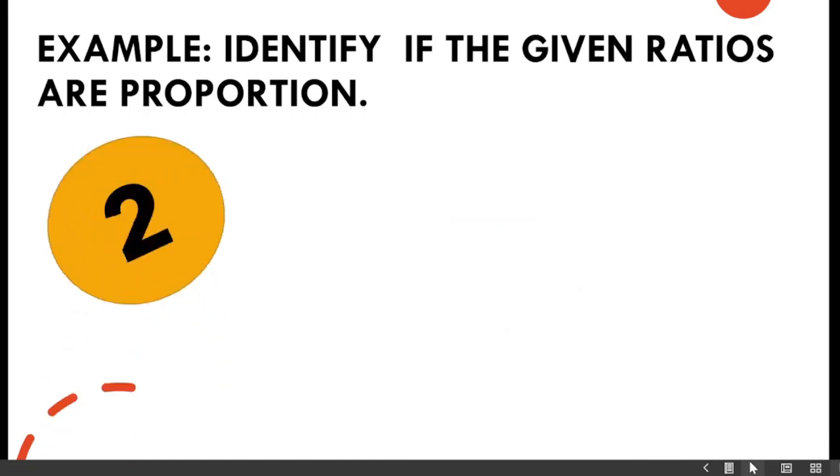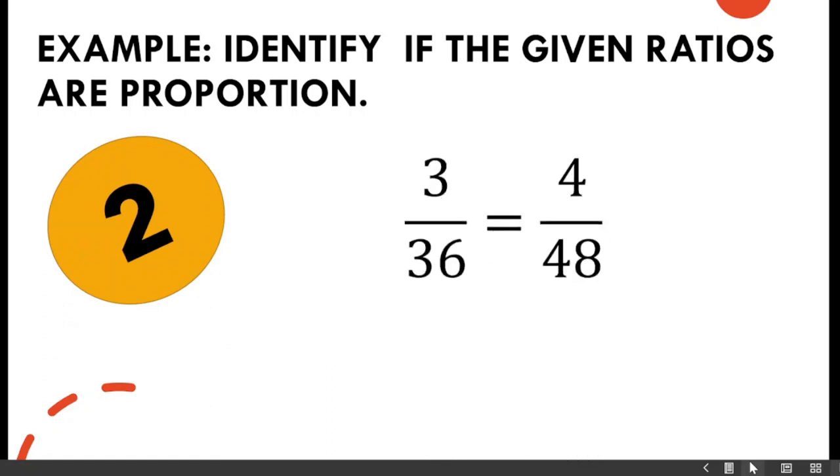Number 2 example. 3 over 36 is equal to 4 over 48. Now, how can we identify if the given ratio is a proportion? Since our given is in fractional form, we need to cross multiply.